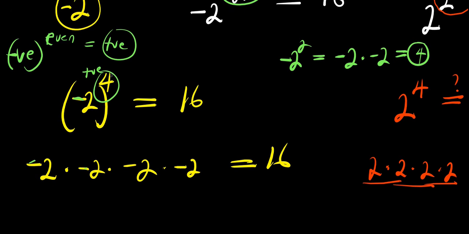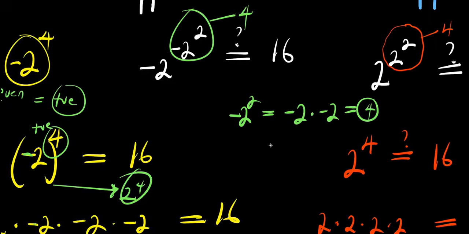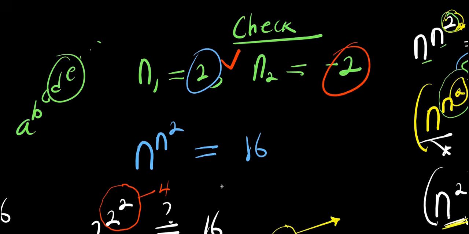So 4 is an even number. That means negative raised to an even number will give you positive. That's why this is just like writing 2 power 4, which is 16. So you have 16 equals 16. If you multiply this out, it will give you 16 again. So guys, both solutions have satisfied the equation.